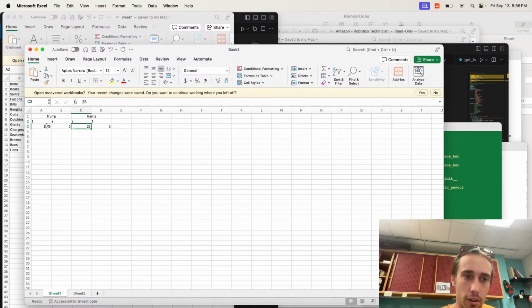So I just have an entry for how much I'm risking, how much I could potentially win on Trump, and this I have as F because that's what I'm considering free money. I have $24.50 that I could put on Trump. If I put that on Trump, then I'm still not risking anything on Trump. And the goal would be, so I put this at about even money.